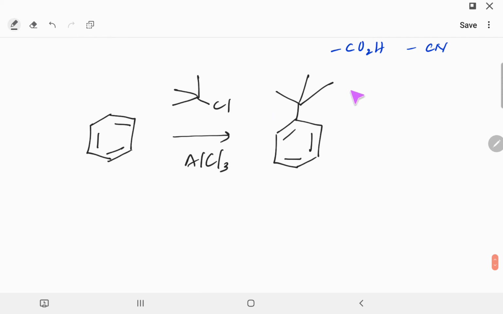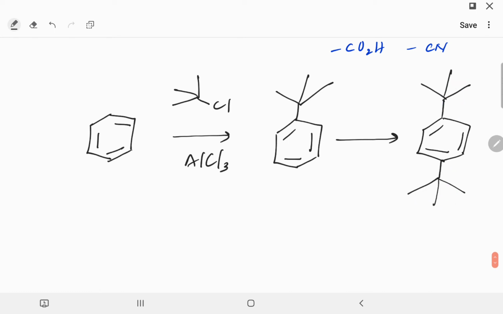This alkyl group can actually activate the benzene group to have additional R groups. So it can further substitute alkyl groups, in this case tert-butyl groups, into benzene. So rather than getting one R group, you might get polyalkyl groups, more than one alkyl group.